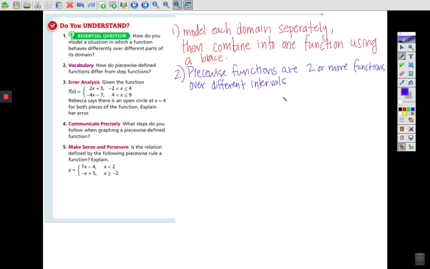And step functions are two or more constant values, because remember we talked yesterday about it being a straight line because it could only cost you one price to be in that parking lot. So step functions are two or more constant values.